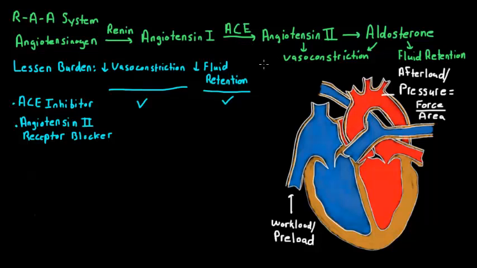So what we can try and do is stop angiotensin 2 from binding to its receptor so that the changes that it's trying to bring about are not going to happen. You're not going to get vasoconstriction and you're not going to get the promotion of aldosterone. Right? So angiotensin 2 receptor blockers are going to both decrease vasoconstriction and decrease fluid retention by stopping angiotensin 2 from binding to its receptor.